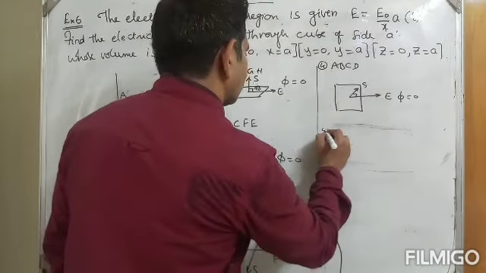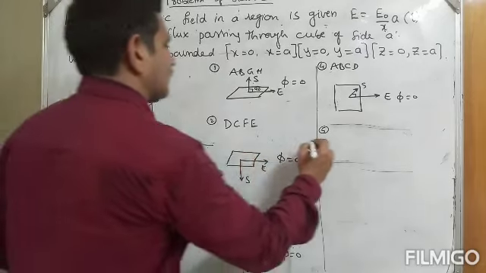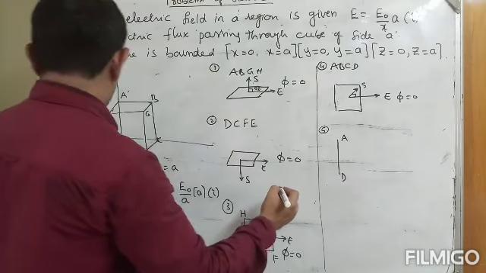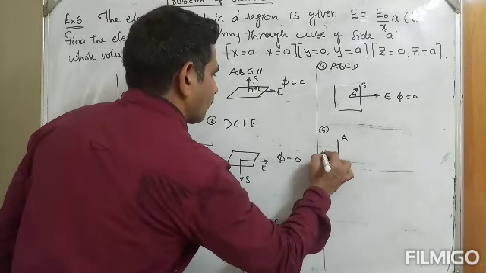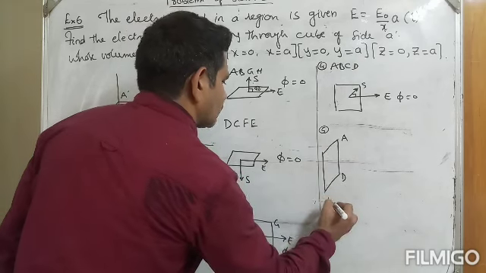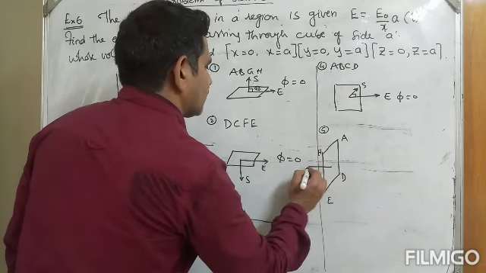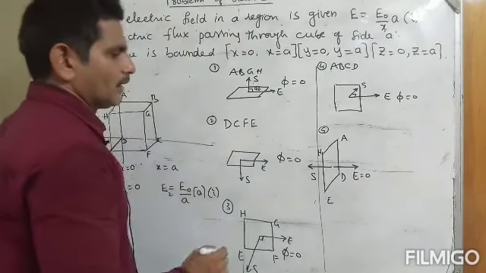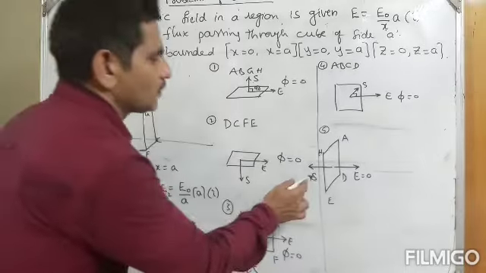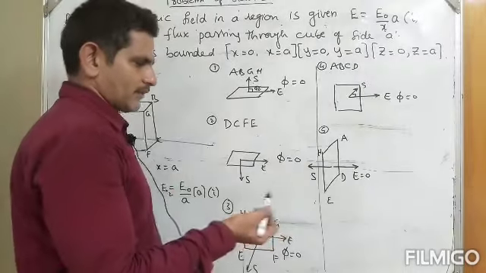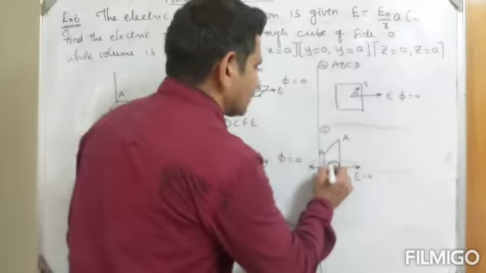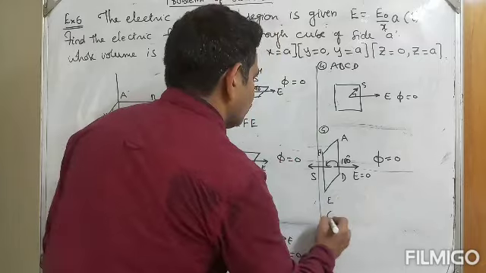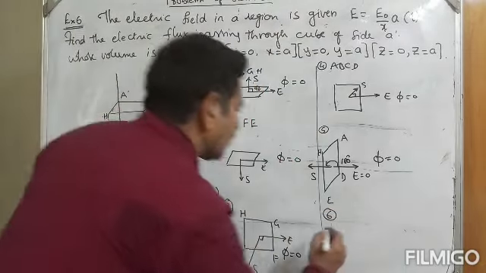First I would like to take ADEH. Understand? Its area vector is in this direction, electric field in this direction, but the electric field is 0. Instead of area A, I use S, the surface area. So the angle is 180 degrees, but the electric field is 0. Therefore flux is 0. Which plane is left? This plane is left.